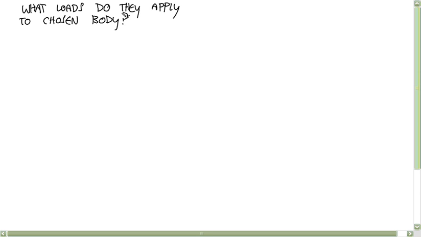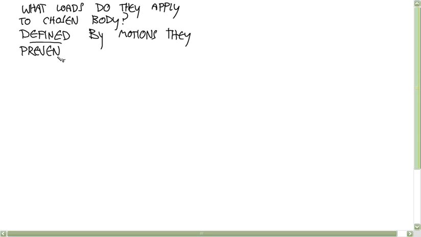I mentioned this before, but remember that these loads are defined by the motions they prevent, not the motions they allow. Okay?